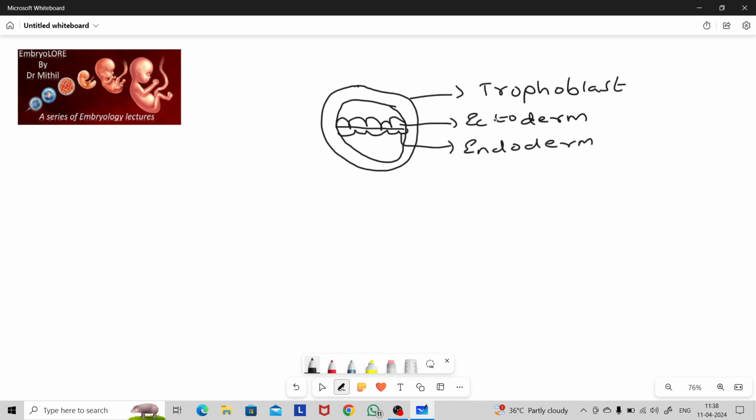And now here we will name this as the amniotic cavity, and the below one, that is the primary yolk sac.